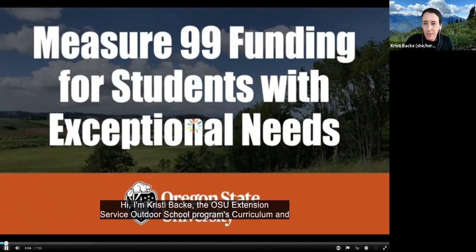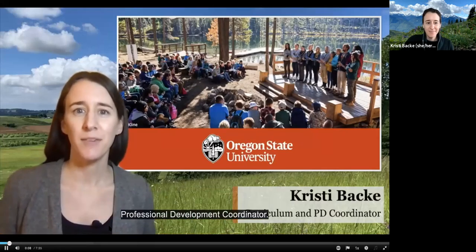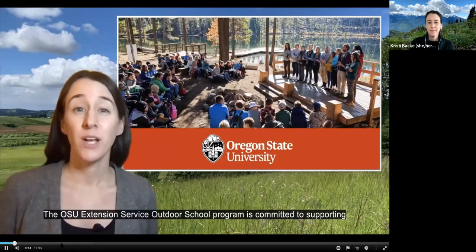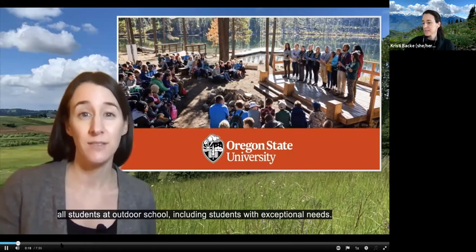I'm Christy Baki, the OSU Extension Service Outdoor School Program's Curriculum and Professional Development Coordinator. The OSU Extension Service Outdoor School Program is committed to supporting all students at outdoor school, including students with exceptional needs.